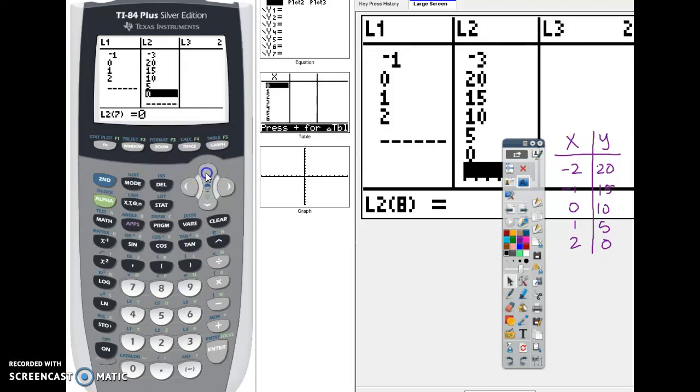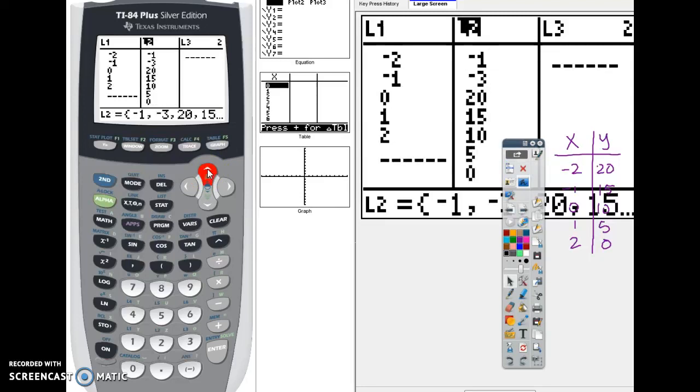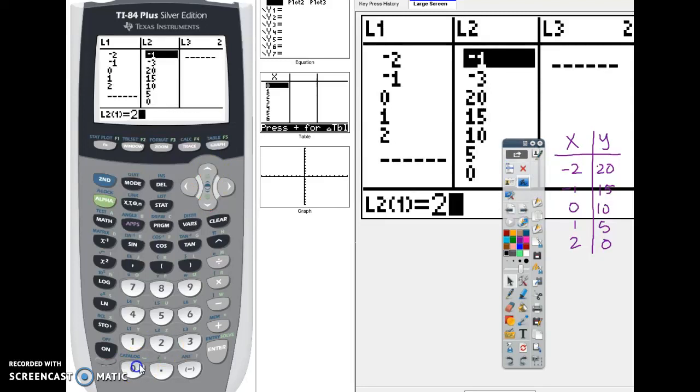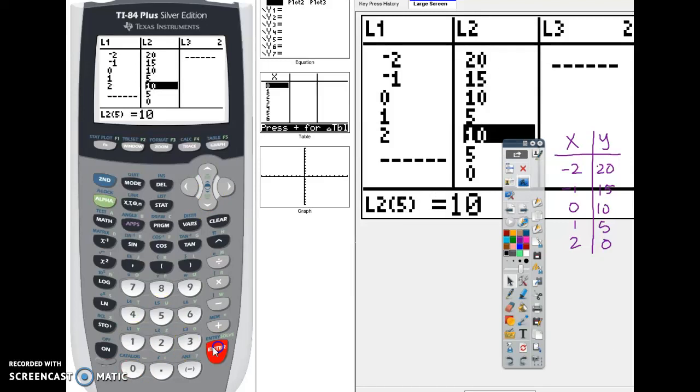Oh, what did I do? I didn't type over them. 20, 15, 10, 5, 0, and anything extra you delete. Okay, so that's what you should have put on there. That looks just like my table right here.